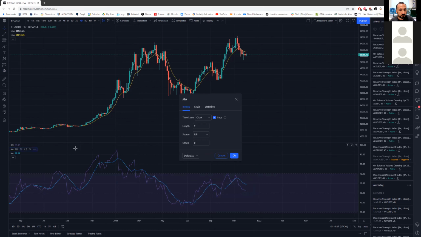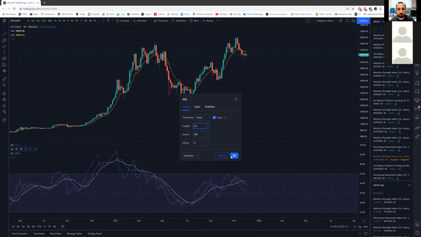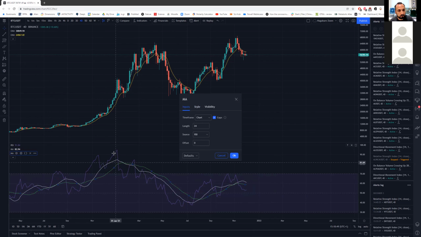Let this be white, the second one, let it be white. And the input should be 14. Okay. For the second MA, the length should be 24. Let it be, I don't know, green. Okay. And also the time frame should be chart, the same as this one. And also for the white one, the time frame should be chart.